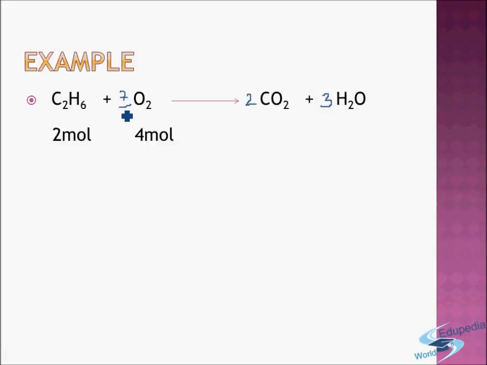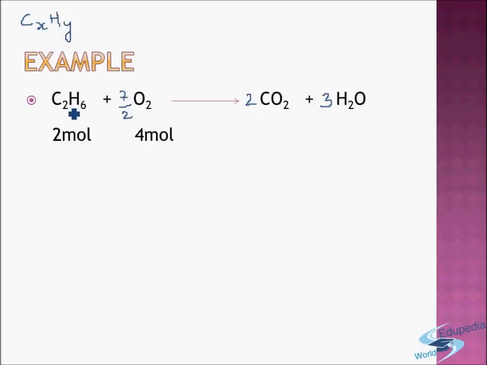Since combustion of hydrocarbon is going to be quite a common reaction throughout our physical chemistry in both class 11th and 12th, let me show you a general balanced equation of combustion of hydrocarbon. Let's say the hydrocarbon is CxHy, where x and y will vary depending on the hydrocarbon which you are trying to burn.